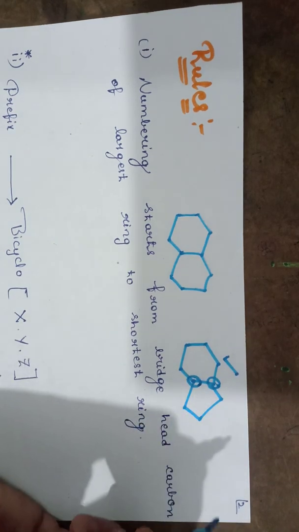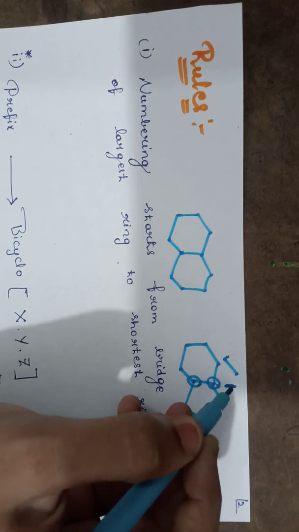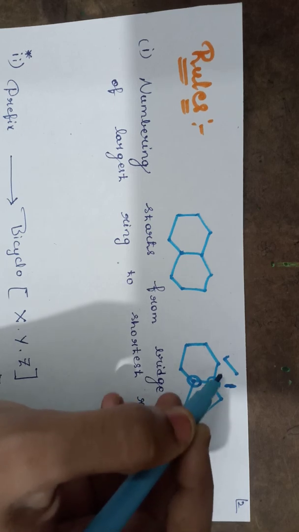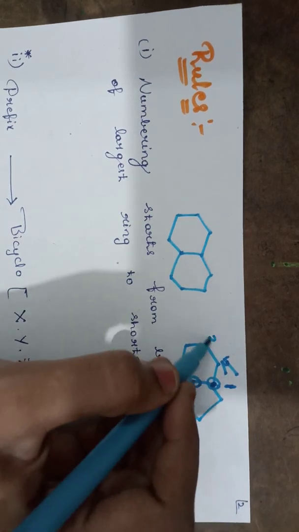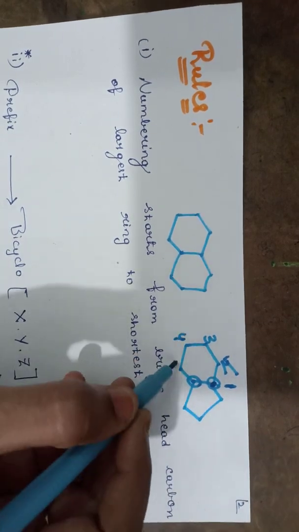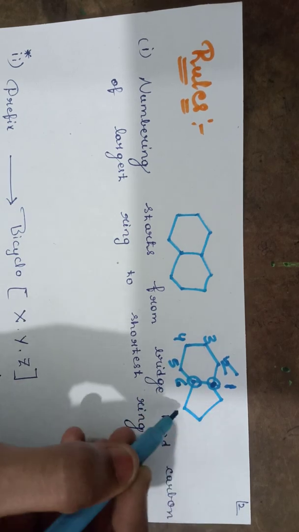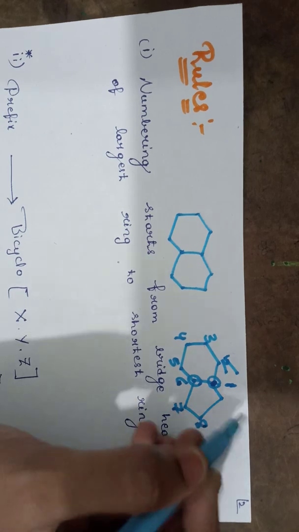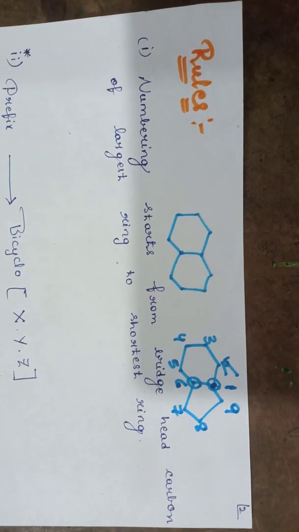These two are bridgehead carbons. So the numbering is given first at the bridgehead carbon and through the largest ring: 2, 3, 4, 5, 6. Now continue up to the shortest ring: 7, 8 and 9.